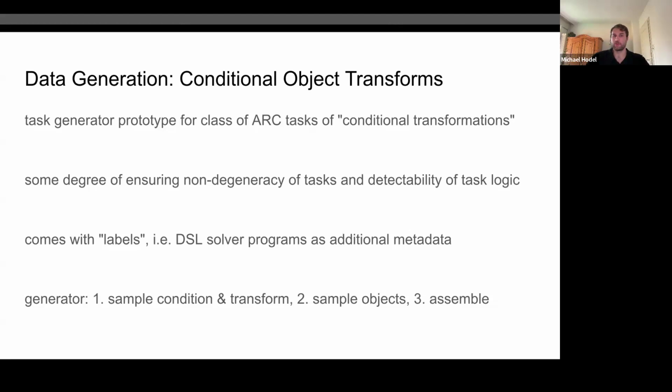So I set out to write some code with a list of transformations for objects and a list of conditions for objects, and use that to procedurally generate tasks. Basically, first sample a condition and a transformation, create a bunch of objects, and put that together.